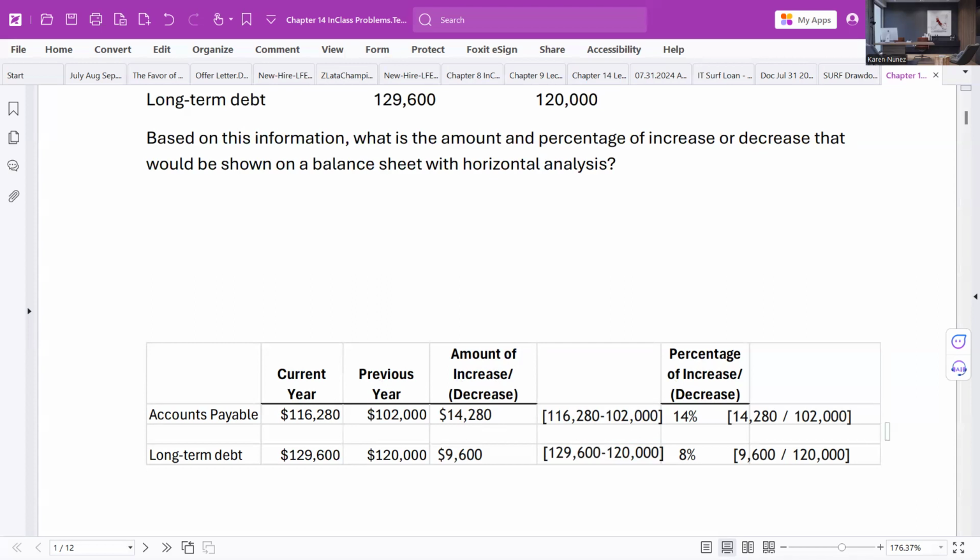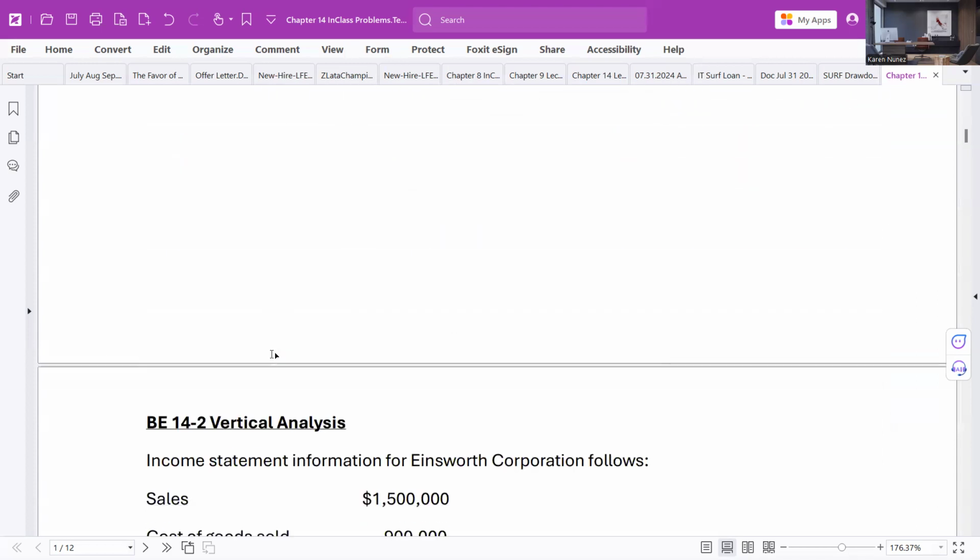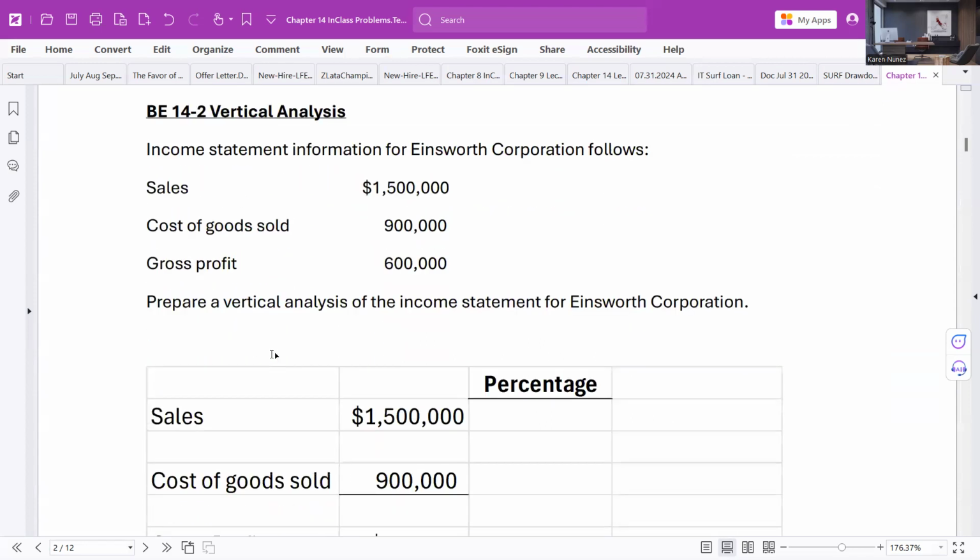Let's move on and look at the vertical analysis in exercise 14.2, BE 14.2. In a vertical analysis, we're looking at the variables, in this case, just on this income statement. A partial income statement is what it is, because you only have 3 line items from the income statement.